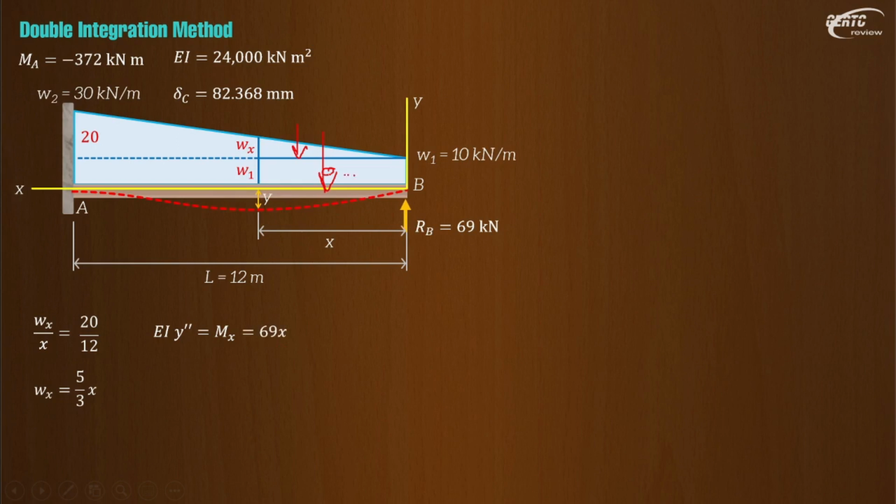For the uniform load, it will be 10 times x over 2. And for this triangular load it will be 1/2 x by Wx, which is 5/3 of x, times x over 3. Simplifying this, you have that. Actually, this is the only part that is complicated. If you know how to get this, this is the easiest, most convenient and powerful way of computing deflection of a straight beam.